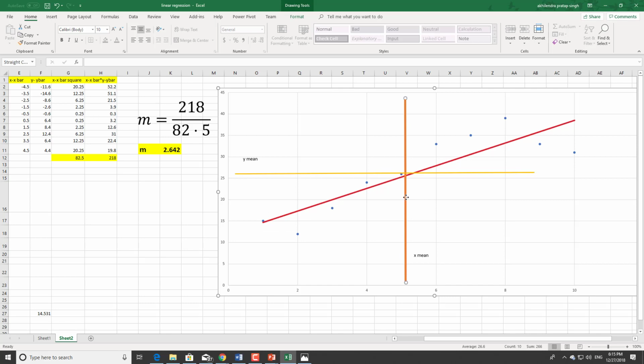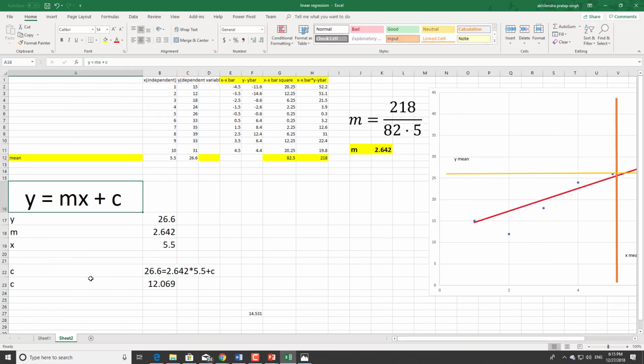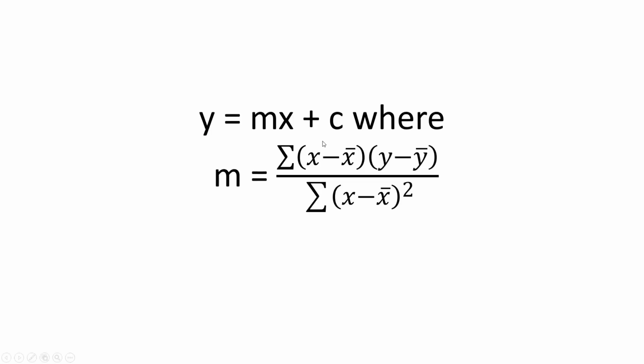So this value is 5.5 and this is 26.6. And if you remember, this was our original formula, y equal to mx plus c, where m was represented by this value.